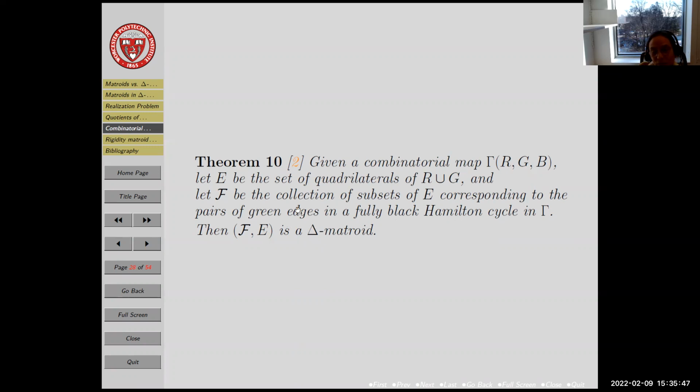And we specify one of the color classes and say, then our collection F consists of all the subsets corresponding to pairs of green edges in a fully black Hamilton cycle. And we can prove that this is actually a Delta-matroid.